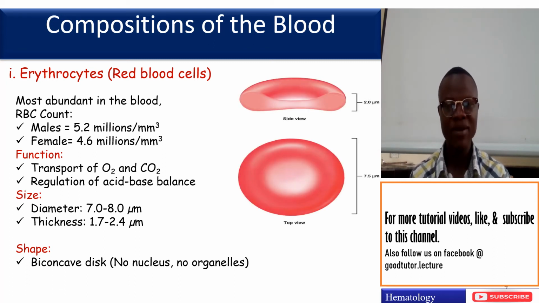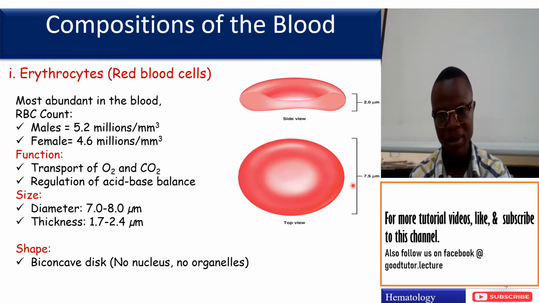So to help us better visualize this, there is an image of the blood, and as you can see in the middle here, there is a concavity that renders the red blood cell biconcave. Also here, the diameter of this cell is about 7.5 micrometer. And the one up here, we can see is about 2.0 micrometer.